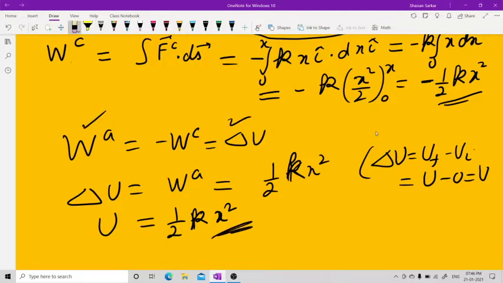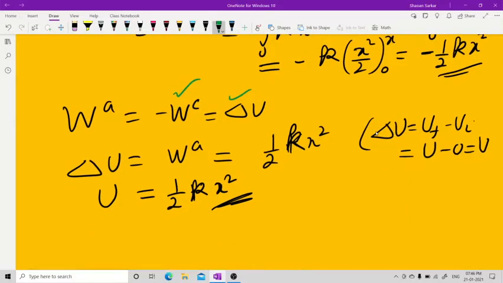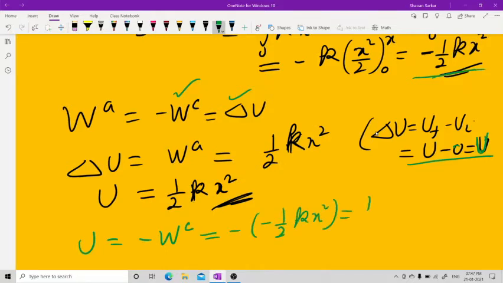Now I will use this equation and this one. From here also you will get the same answer, because again U initial is 0 and this is U final. So I'll take U equal to minus WC, and I've already calculated minus WC here. That is minus of minus half kx square, so this is half kx square.